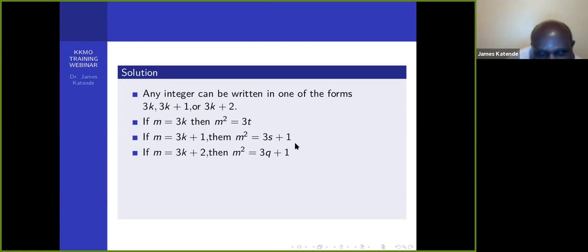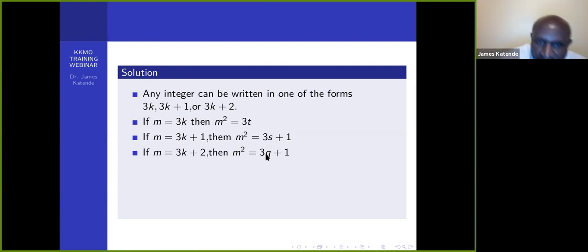The next thing we consider: if an integer leaves remainder 2, anytime you square it, you will also get a remainder 1 when divided by 3. So this squared still gives you a remainder 1 when divided by 3. This tells us something about perfect squares.